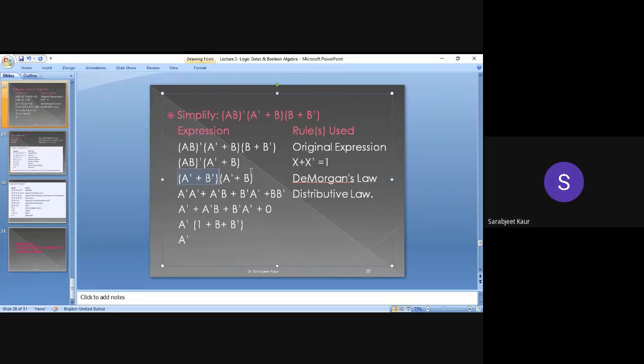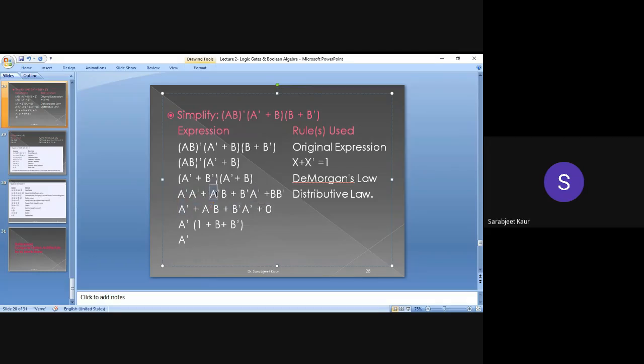Now to proceed further, I will apply the distributive law. So what do I get? I get A dash A dash, then A dash B, then B dash A dash, and then B dash B. Now X dotted with X is X, so this is A dash.